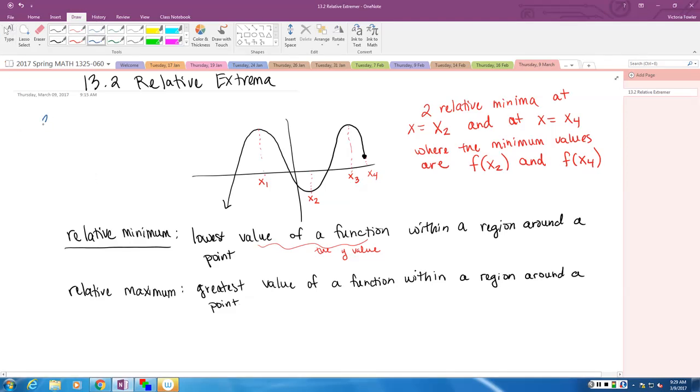There are 2 relative maxima at, now we've got a taste for this, we're going to say x equals x1 and x equals, good, x sub 3. You can see my equal signs keep vanishing.